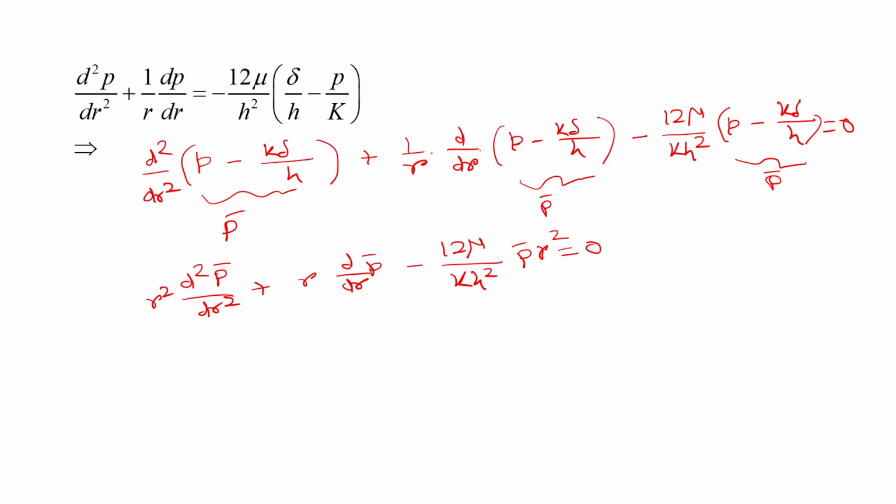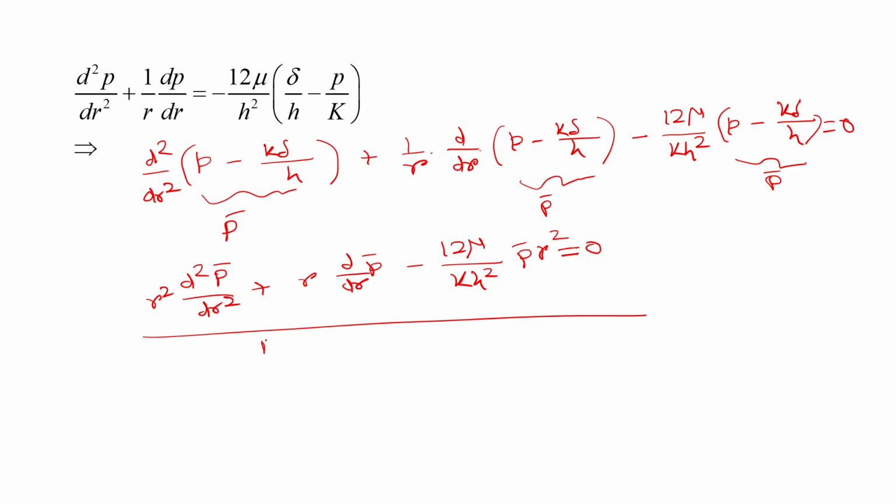See this equation, this also appears in fluid mechanics and transport phenomena. Here, this equation is called the modified Bessel equation. In the modified Bessel equation, this minus will actually be positive, but here it comes to be negative.